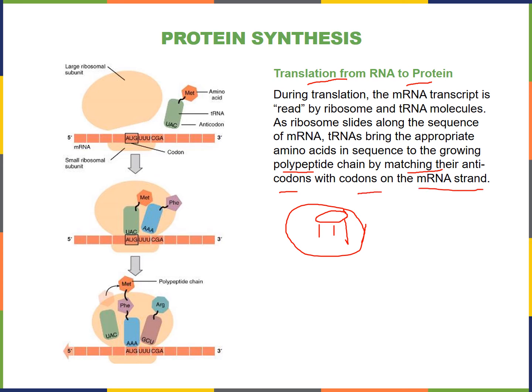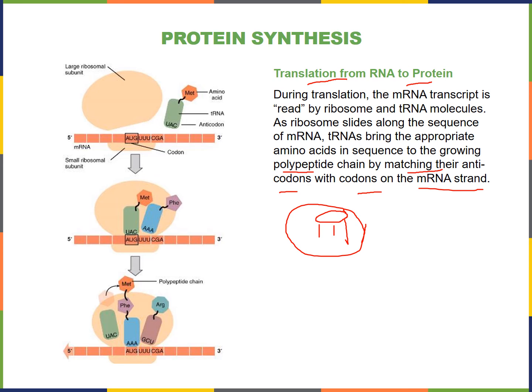These 3 letters, 3 nitrogenous bases, AUG, are the abbreviation, or the secret code name, of a specific peptide.